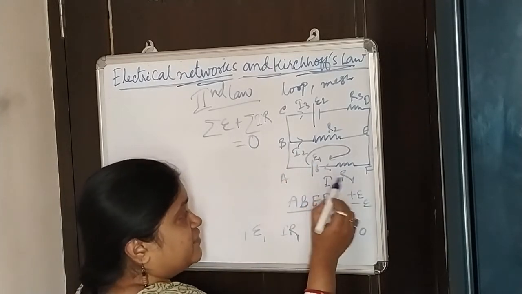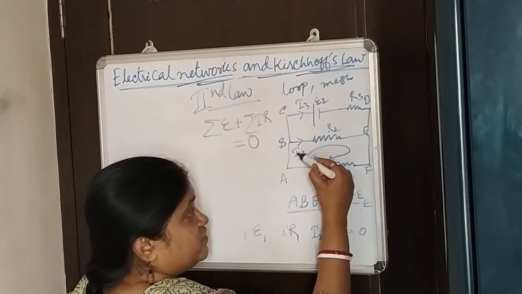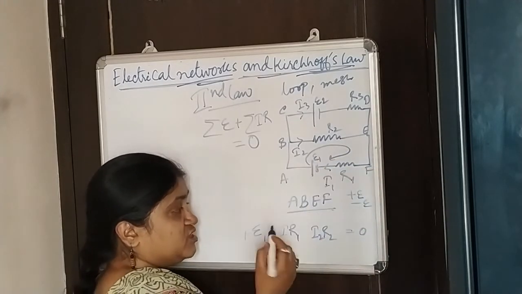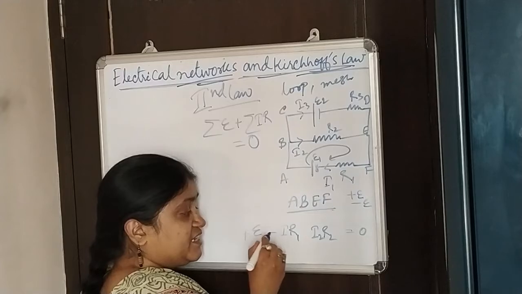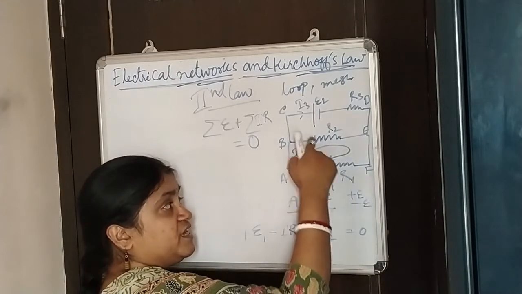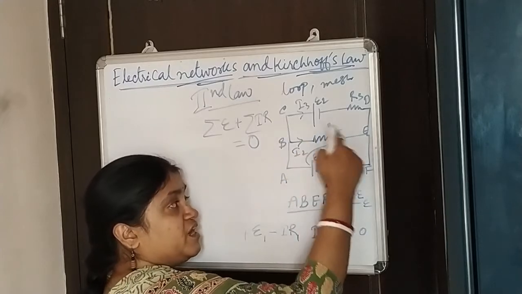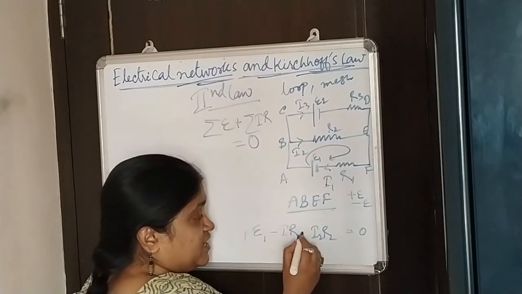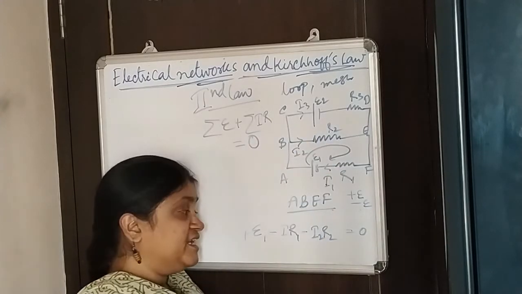Then coming to I1 and R1, as it is moving from higher potential to lower potential, the potential drop should be taken as negative. Same way, I2 is also flowing from higher potential to lower potential, and that's how it also should be negative.